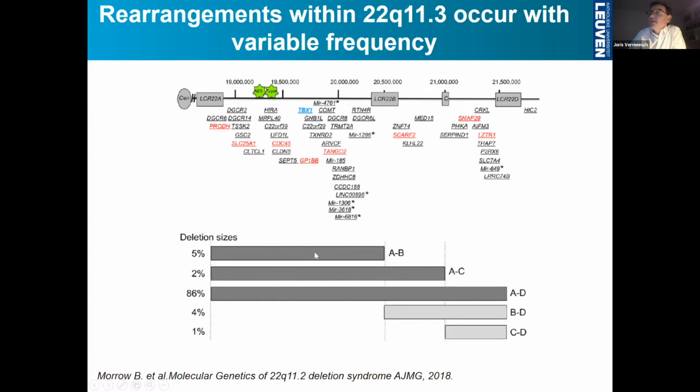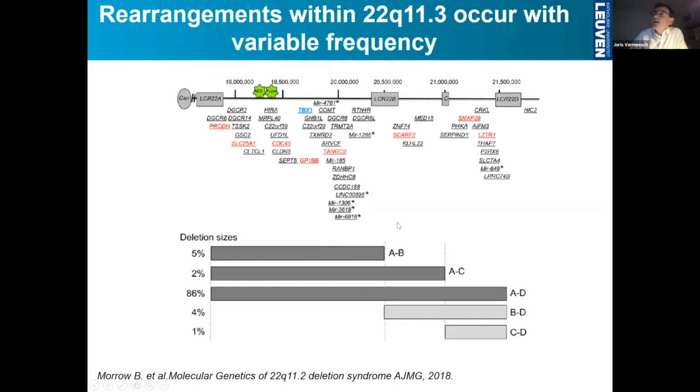It's not fully penetrant, but some of the other phenotypes we know in 22q11 are also driven by some of these genes. So these are the deletions which we consider when we talk about the 22q11 deletion syndrome. The other rearrangements occur also, but they are much less frequent as compared to the A-D deletion.